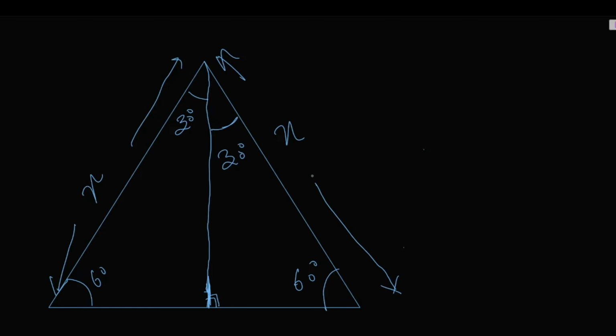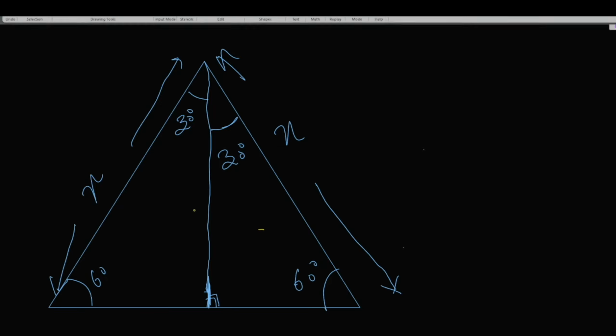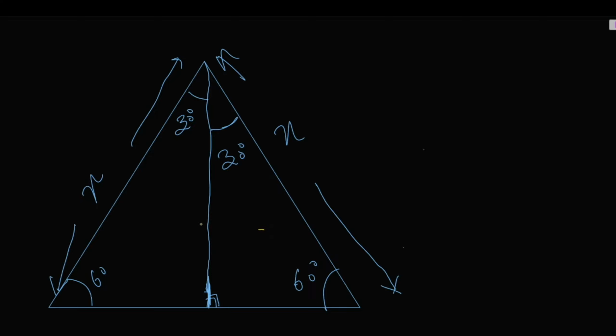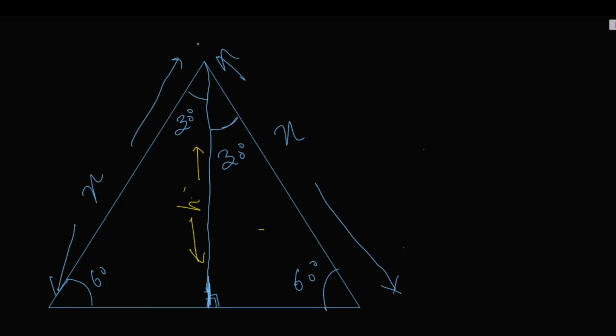So now let's consider this height as h. This height from A, B, and this is C, and this would be D. So here I'm saying AD is equal to h.